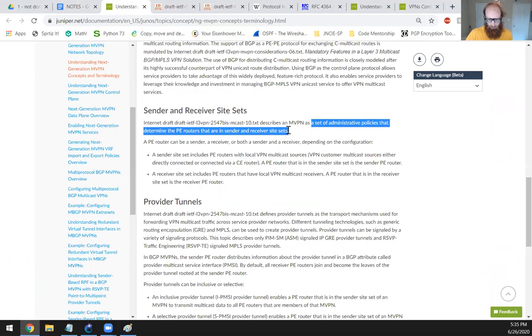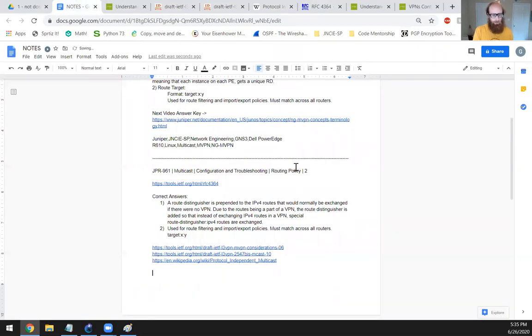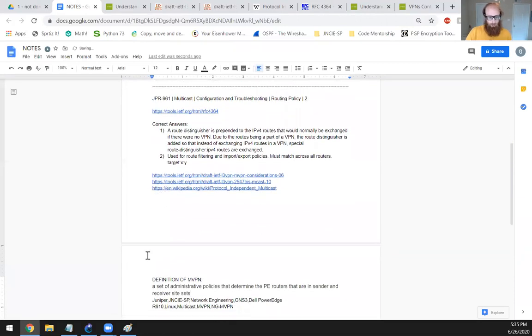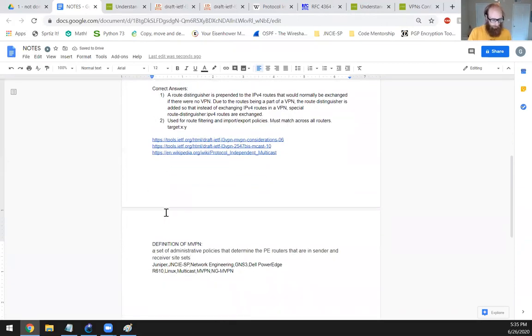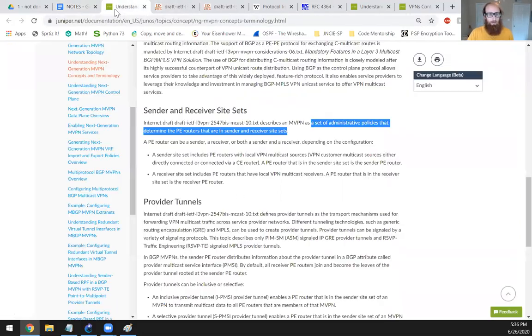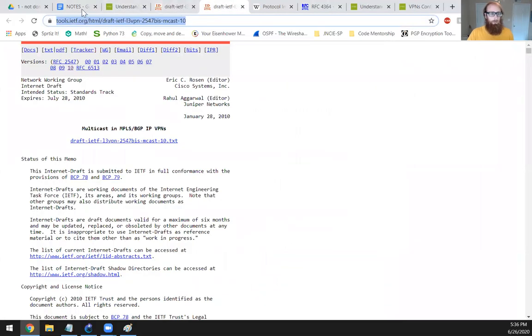So let's put that down as the definition of NG-MVPN: a set of administrative policies that determine the PE routers that are in sender and receiver site sets. Okay, and that's this one.